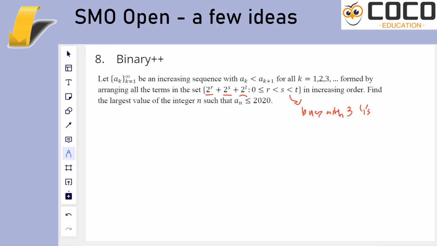And so if it's less than or equal to 2020, what I can do is to just write down a whole bunch of powers of 2. Now, I'm writing them backwards, but in practice, obviously, if you're calculating them, you will be writing it the other way. Now, what I notice is that 2020 is very close to the next power of 2.